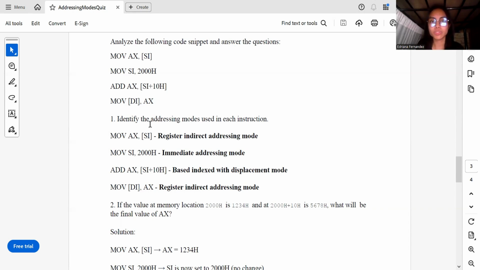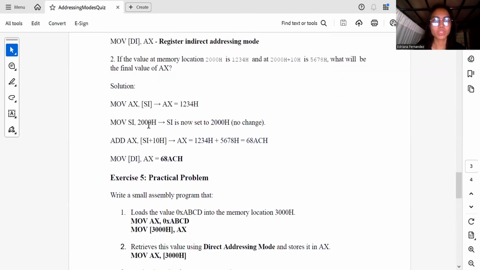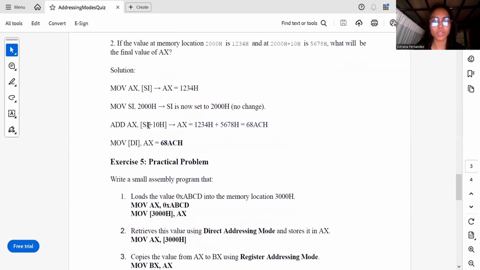Lastly, we have move the value in the AX register to the memory location pointed to by the DI register. Therefore, my answer is register indirect addressing mode because the address is indirectly specified by the DI register. So, we can move on to our number 2.